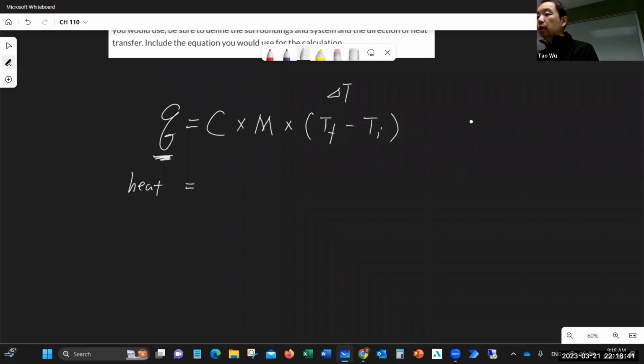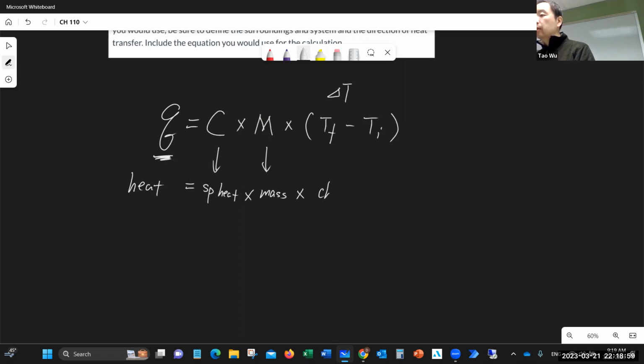Q, the heat, is equal to C, the specific heat, times M, the mass of the object, times the change of the temperature. So how much heat do we need?